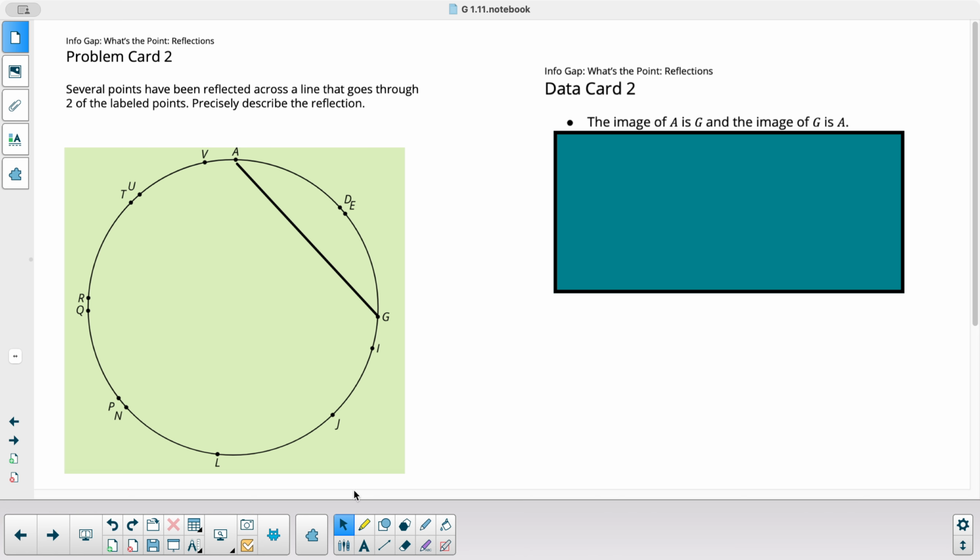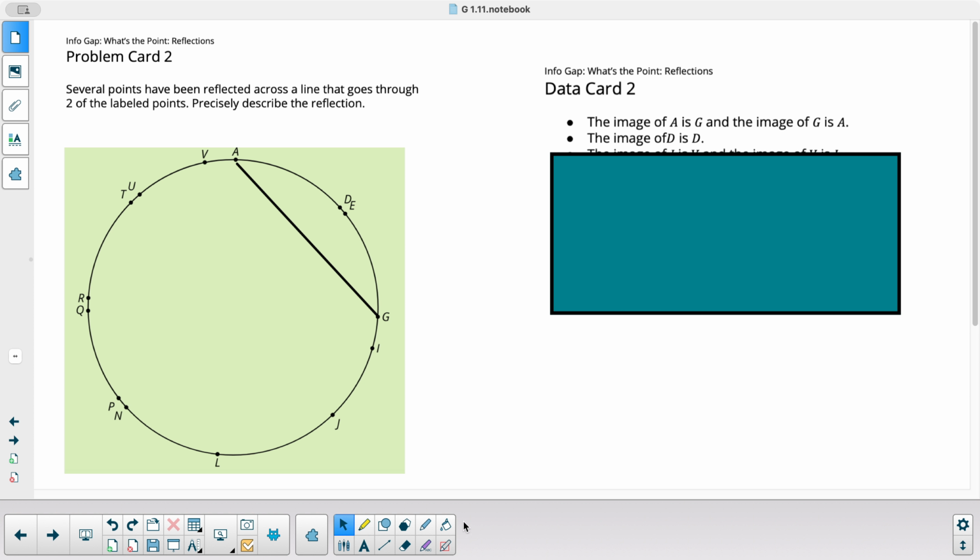All right, so let's get some more info. Image of D is D. Okay, cool. So this means that D is on the line of reflection.